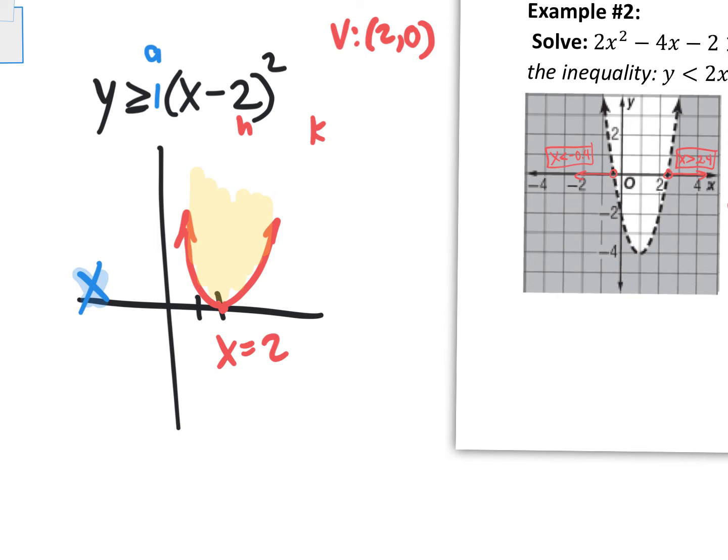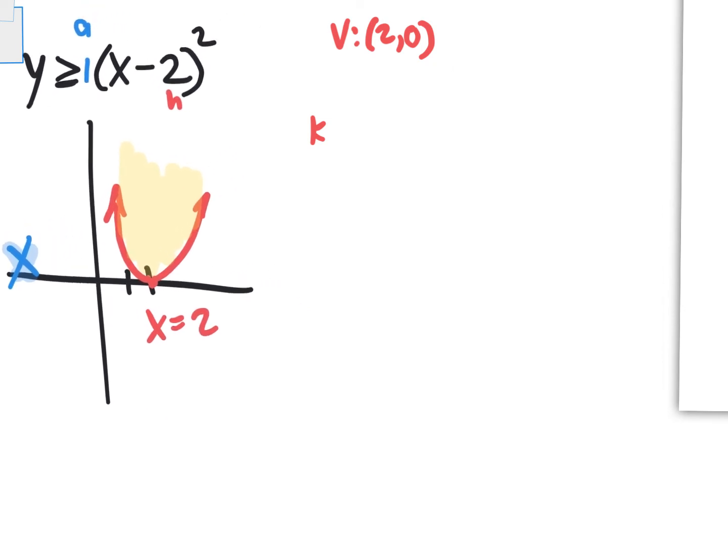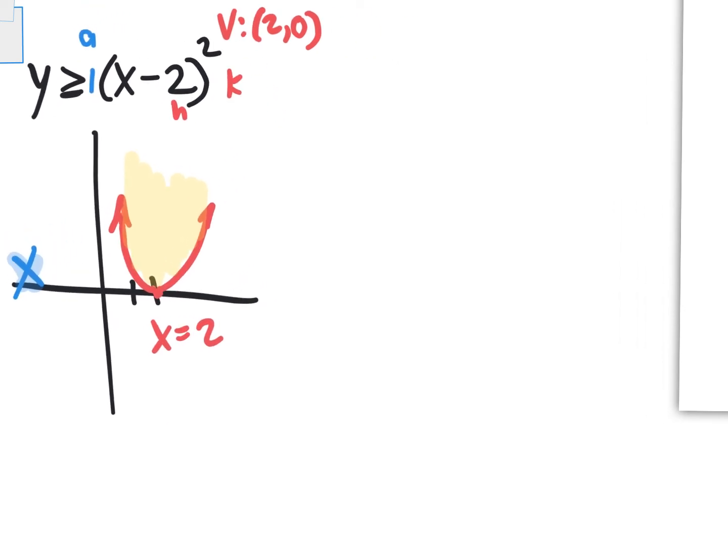It could also be like if you had something like, what if I would have had, let's say, y is less than or equal to, now we'll say just less than, same thing, x minus 2 squared.